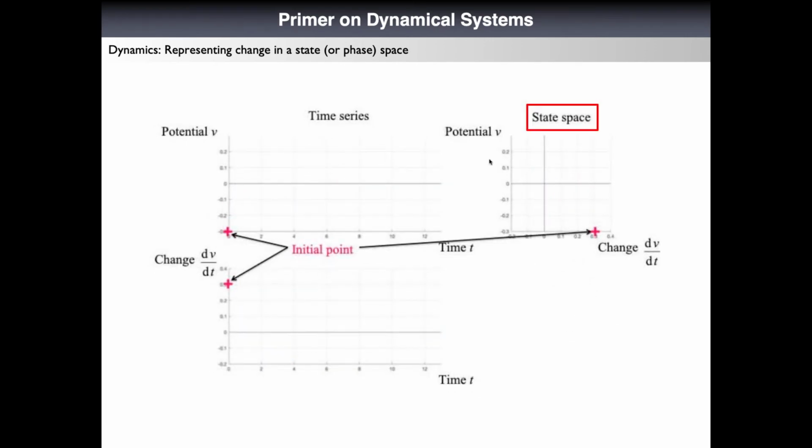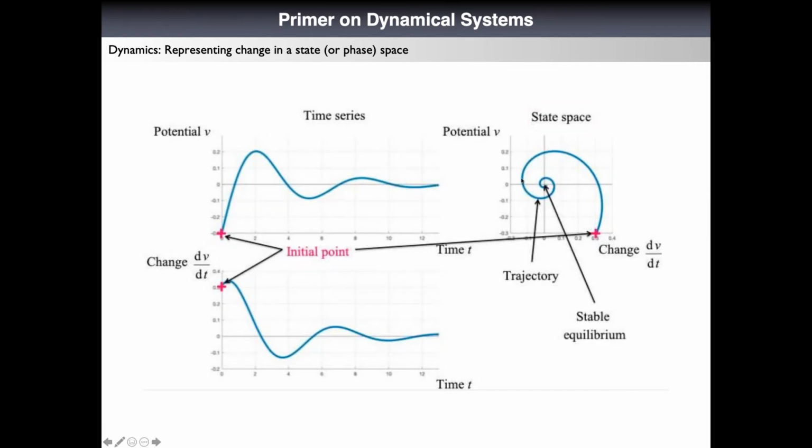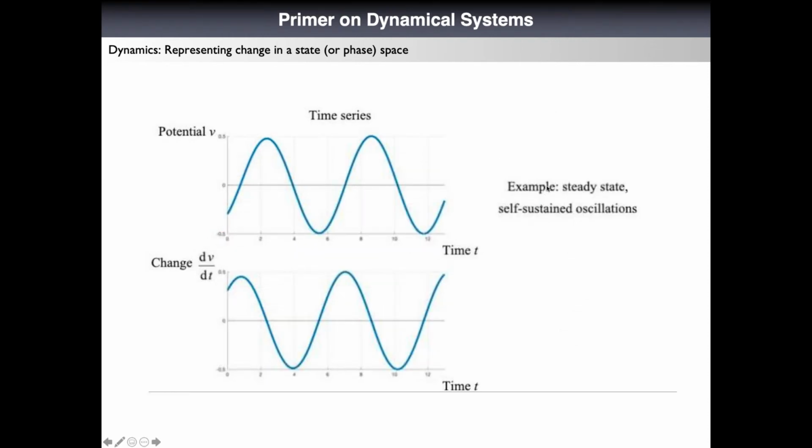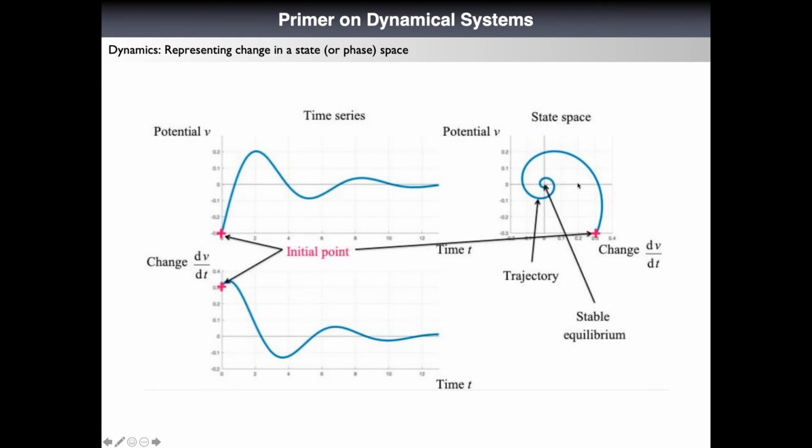Then we would represent this movement like a spiral. Imagine we are at this point, and we perform a damped oscillation, which means we are spiraling towards the final equilibrium point.